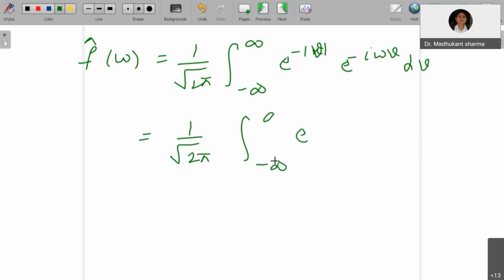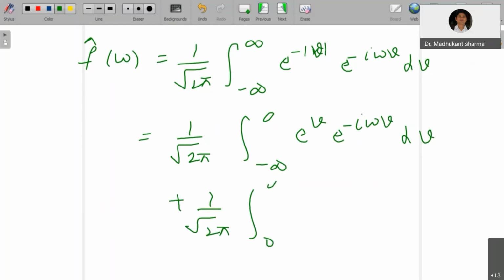For minus infinity to 0, mod v is minus v, so e to the power v e to the power minus iwv dv, plus 1 upon root 2 pi integration 0 to infinity e to the power minus v e to the power minus iwv dv.